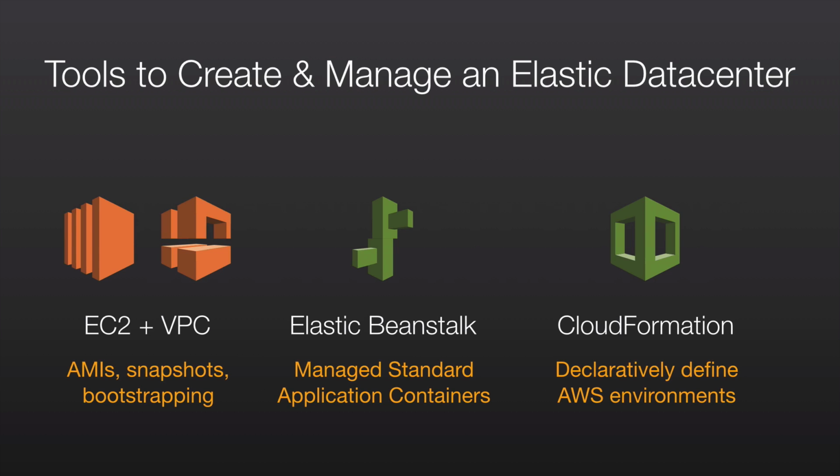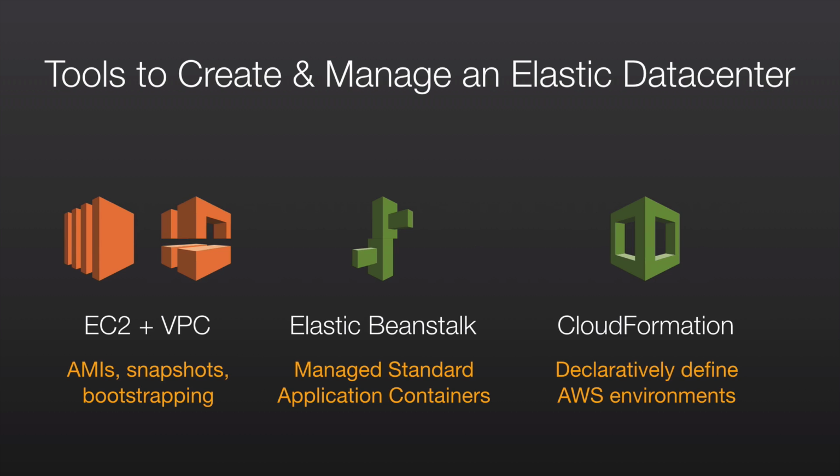And the VPC is a mechanism for creating your own network topology, your own set of controls, for example routing tables, security groups, network access control lists, restricting which traffic can go where inside your networking environment and connecting that back to on-premises infrastructure if you need to do so. Using EC2 and VPC, essentially you have a set of building blocks that you can use to create and manage this elastic data center construct.